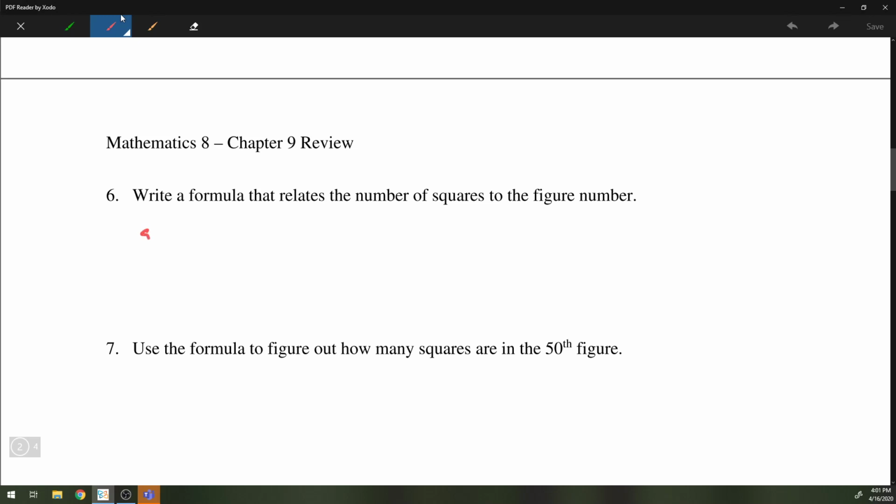We know that the number of squares s is equal to 4 times the figure number, because of course the number of squares increases 4 times as fast.